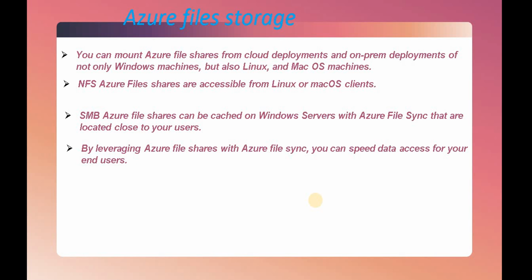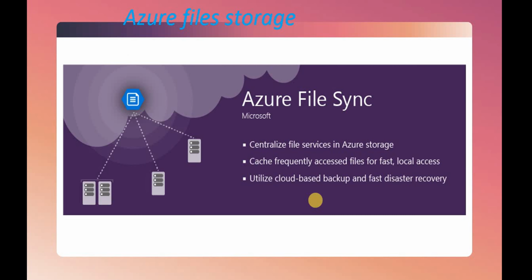By leveraging Azure File Share with Azure File Sync, we can speed up the data access of our end users. Azure File Sync is basically a centralized file service in Azure storage. Using this, we can cache frequently accessed files for fast local access, utilizing cloud-based backup and fast disaster recovery. So that is the use of Azure File Sync.